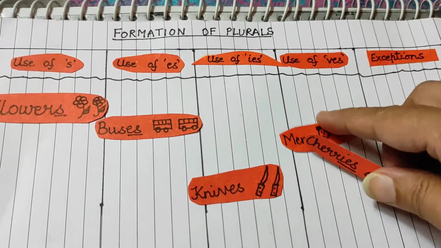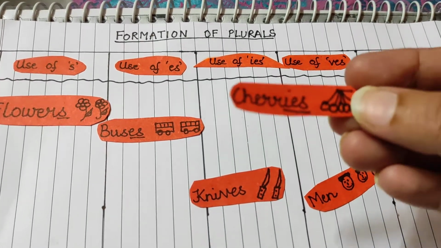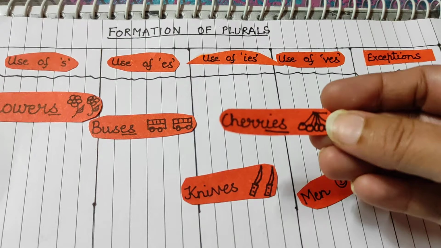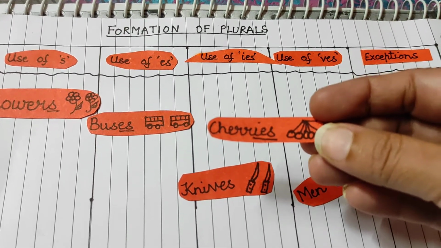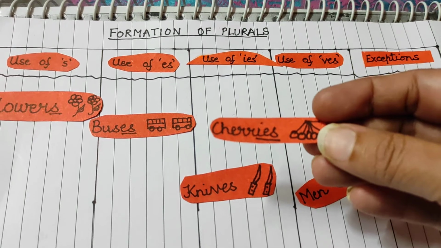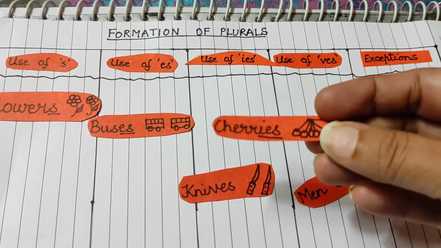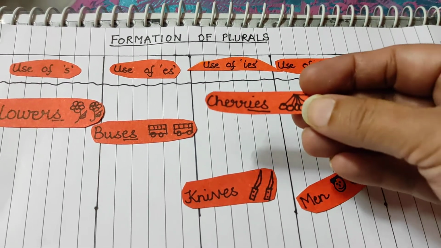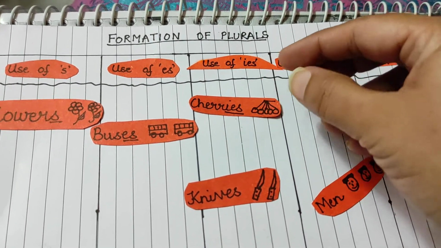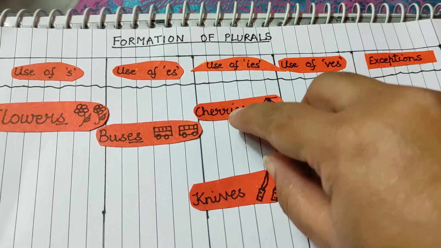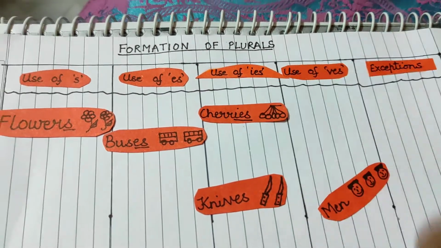Cherries is the next strip, and as you can see, the word cherry is the singular form, and we have formed its plural cherries by adding IES. We have removed Y and added IES. So therefore this word cherries is going to fall under this column where we are adding IES.